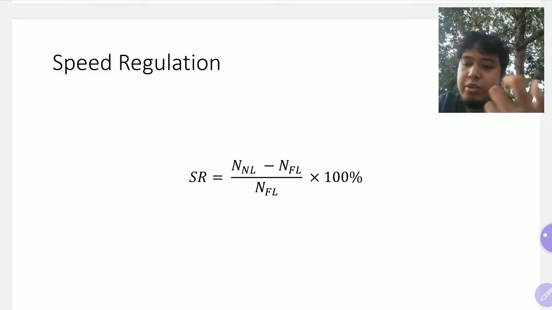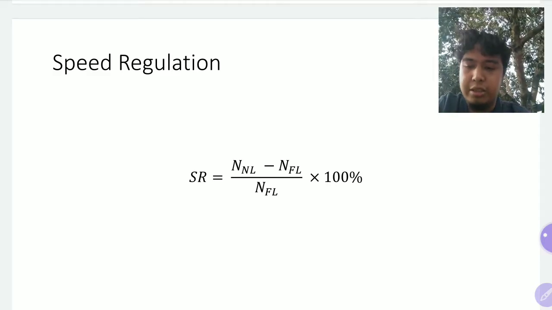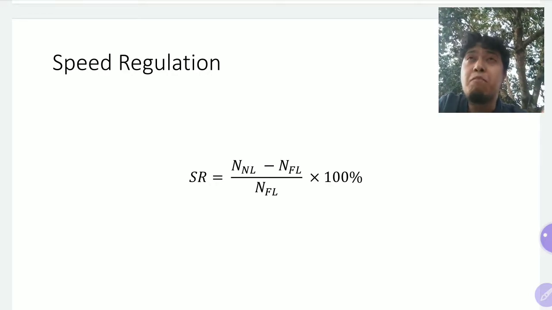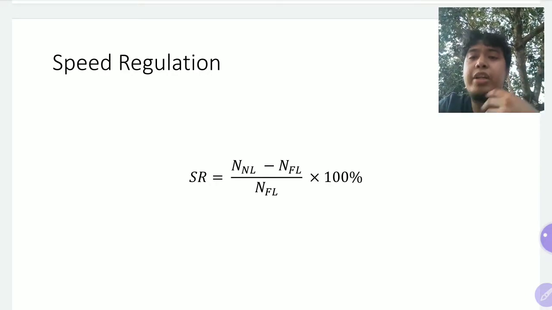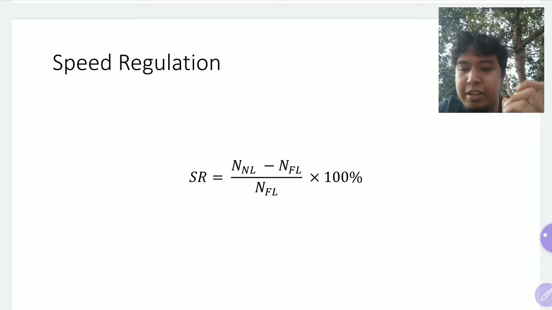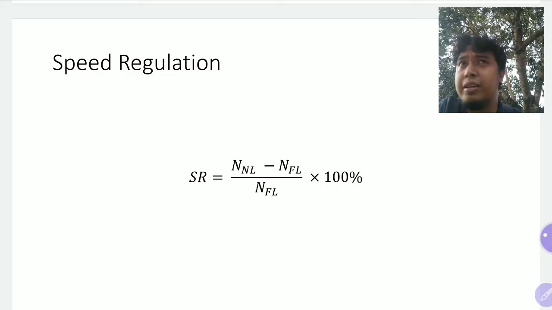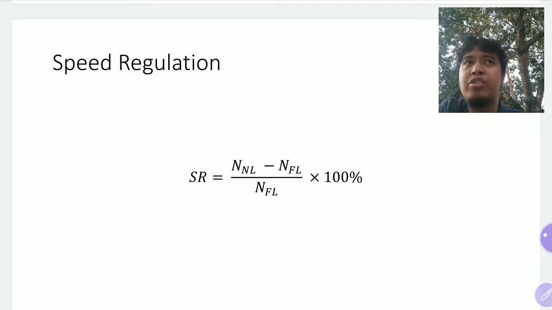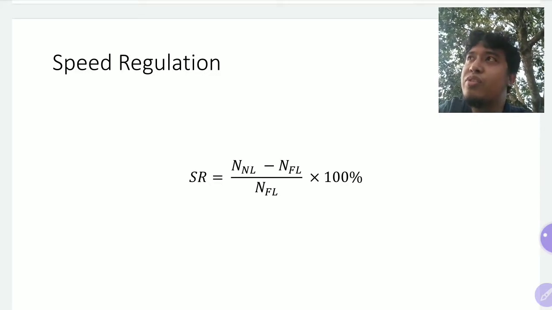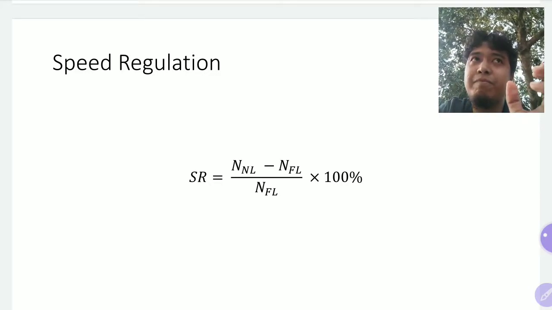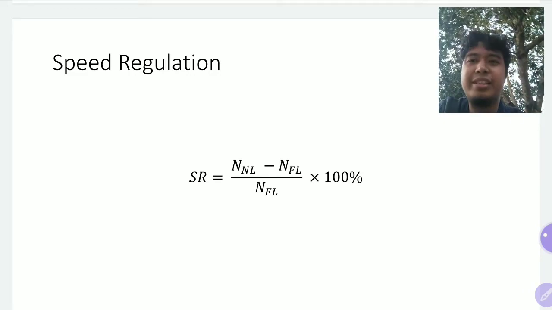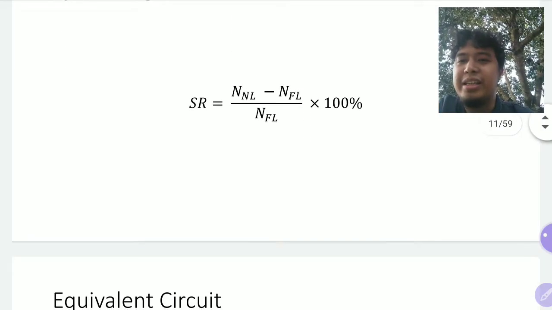It's no load minus full load divided by full load, and this gives you an idea that the speed of the motor changes with respect to its loading. So when it's fully loaded, it spins relatively slower than your no load machine.